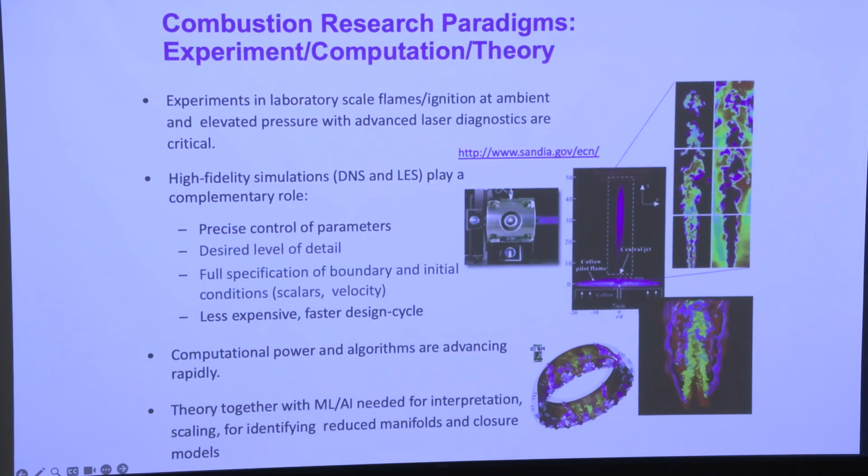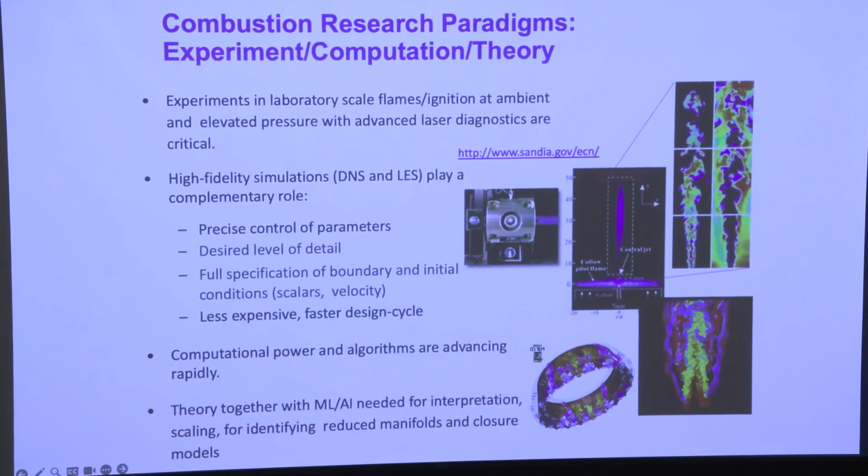So they play a complementary role, and they help, through an iterative process, control the boundary and initial conditions and define the scalars and the velocity field. And through this iterative loop, it's a lot less expensive and helps speed up the eventual design cycle.